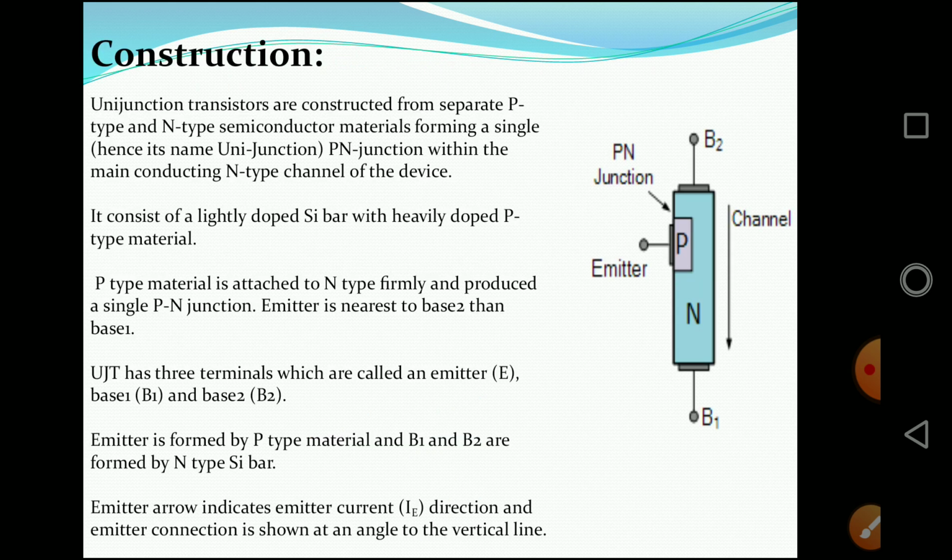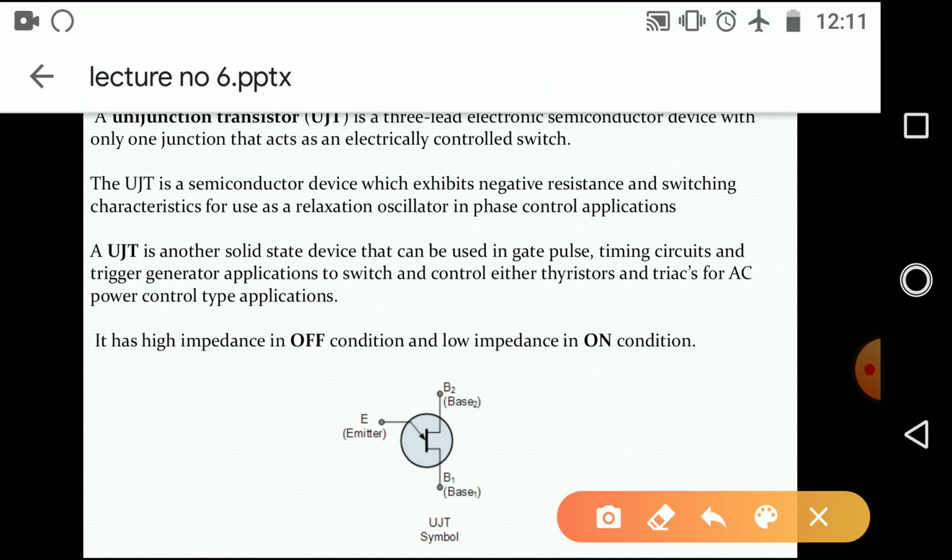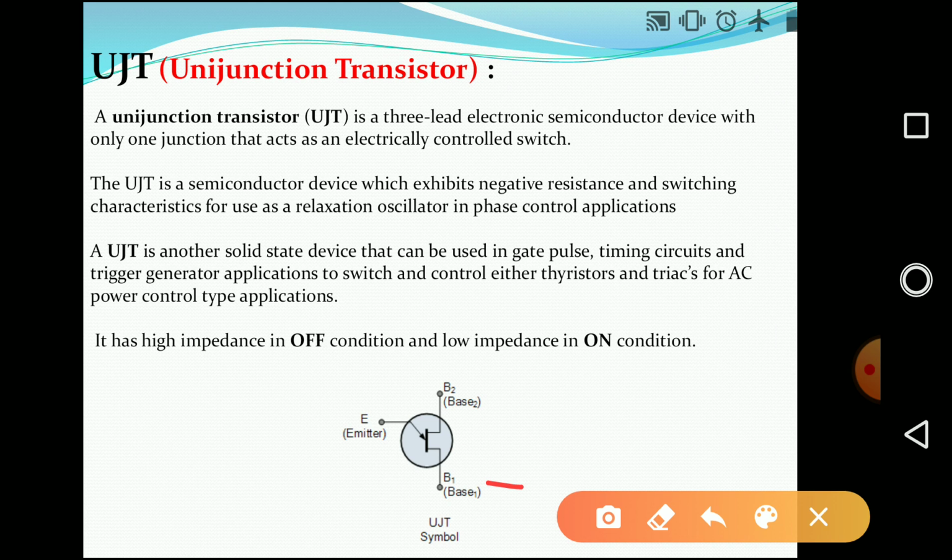Next, construction of UJT. In this slide, we can observe the symbolic representation of UJT. In the symbol, it shows that it has 3 terminals, that is B1, B2 and the emitter terminal.